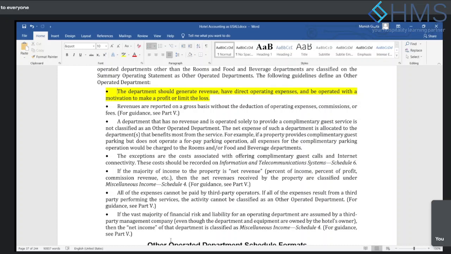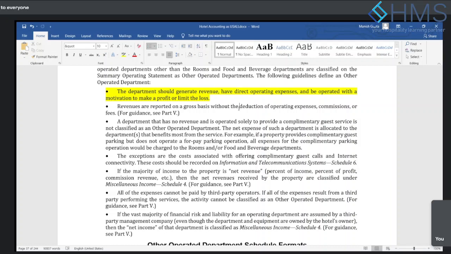So that's the motivation. Then the second thing is the revenues are reported on a gross basis. You recognize the revenue on a net basis usually when you don't have control over the pricing and the performance of the services. So when we say revenues are reported on a gross basis, it means that the hotel is in control of the services performed, of the prices to be charged, and also owns the risk of providing the services.